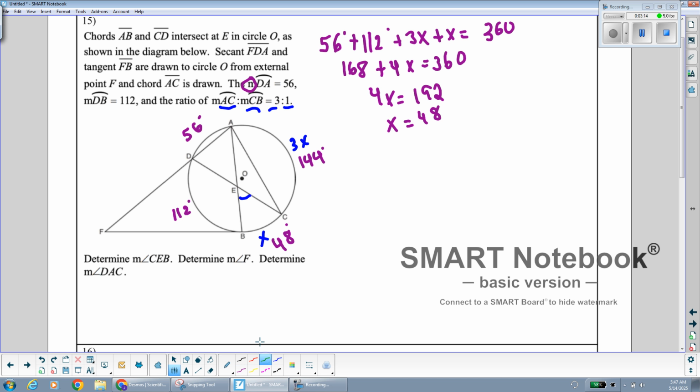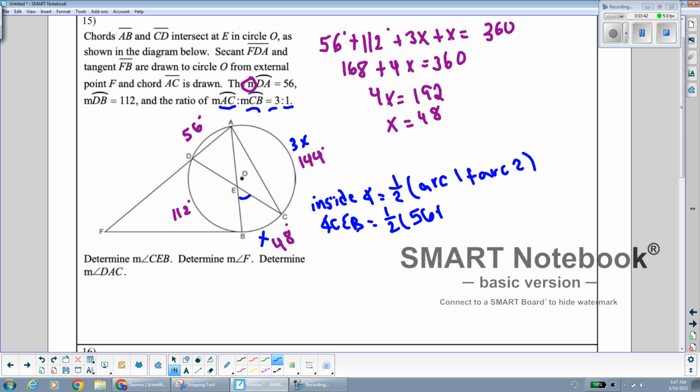Okay. Now I'm going to find this inside angle over here. So inside angle is equal to half the sum of the intercepted arcs. So the inside angle that we're trying to find is angle CEB, and that's half of 56 plus 48.